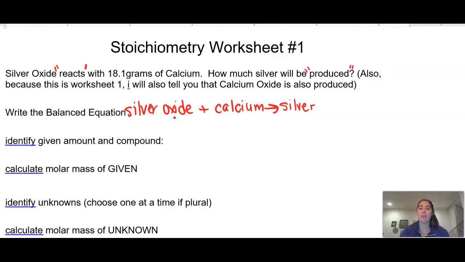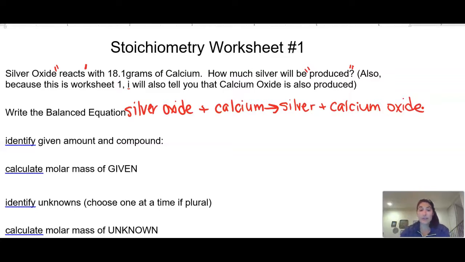And that's why in the parentheses, because this is worksheet 1, I'm reminding you of what your other product is. But you need to have the ability to look at this and say, well, obviously something is missing. The calcium isn't over here. So this is a single replacement reaction. The calcium and the silver are switching places, so I am ending up with calcium oxide as my other product.